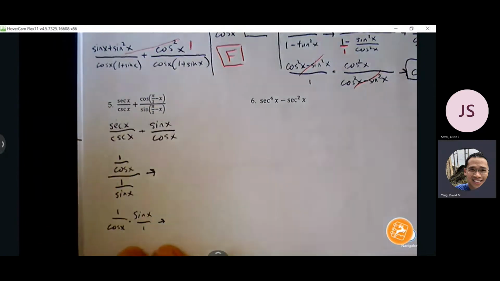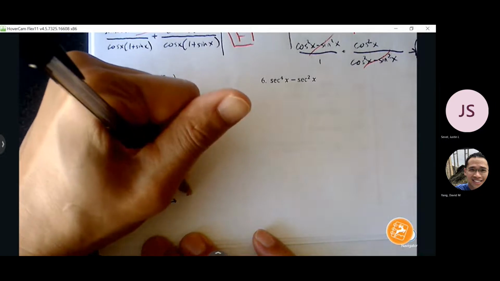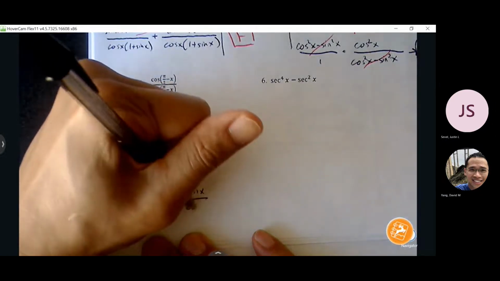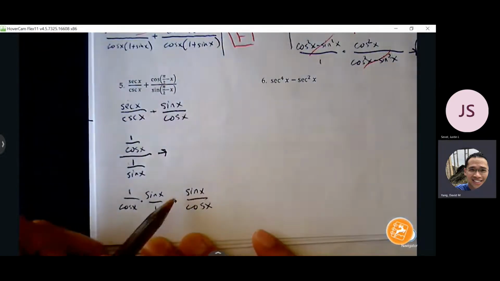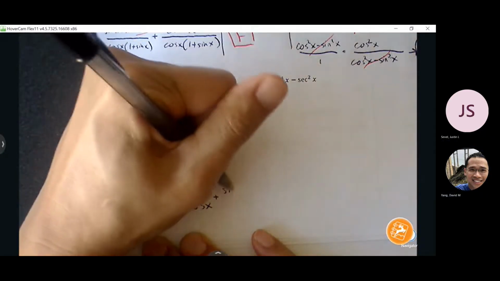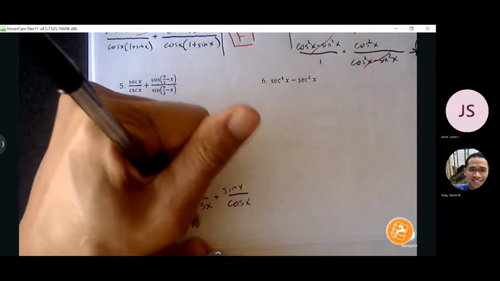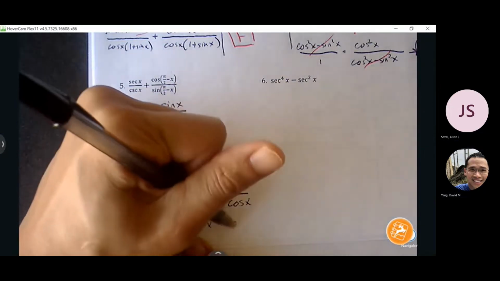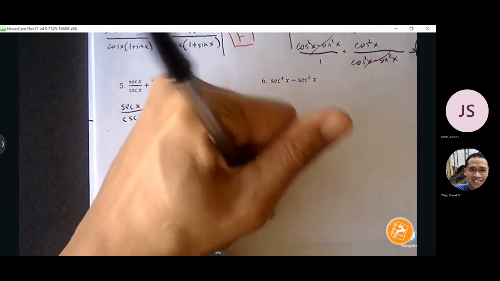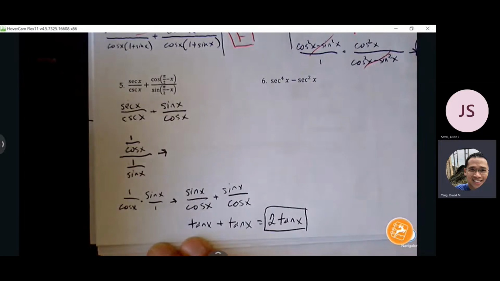That becomes sine over cosine. So I have sine over cosine plus sine over cosine. Both of these are tangents. So it's really just tangent plus tangent, which is 2 tangent. Okay, so answer choice A.